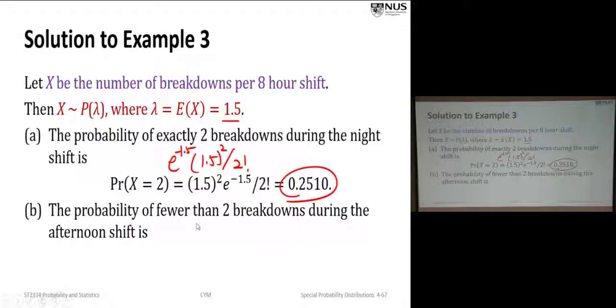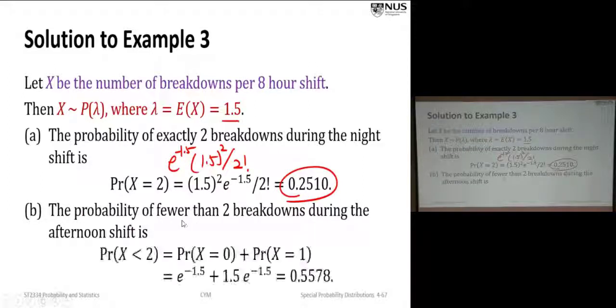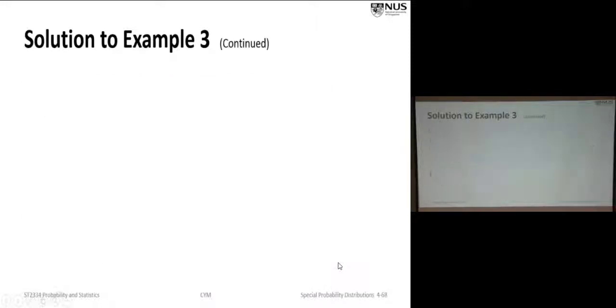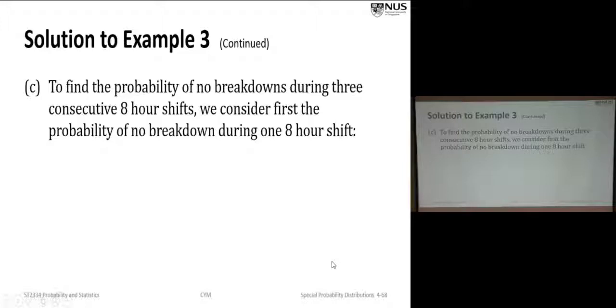Then the probability of fewer than 2 breakdowns: fewer than means excluding 2. So x less than 2 means x takes 0 or x takes 1. They're mutually exclusive, so it's equal to probability x equals 0 plus probability x equals 1. So it's 0.5578.